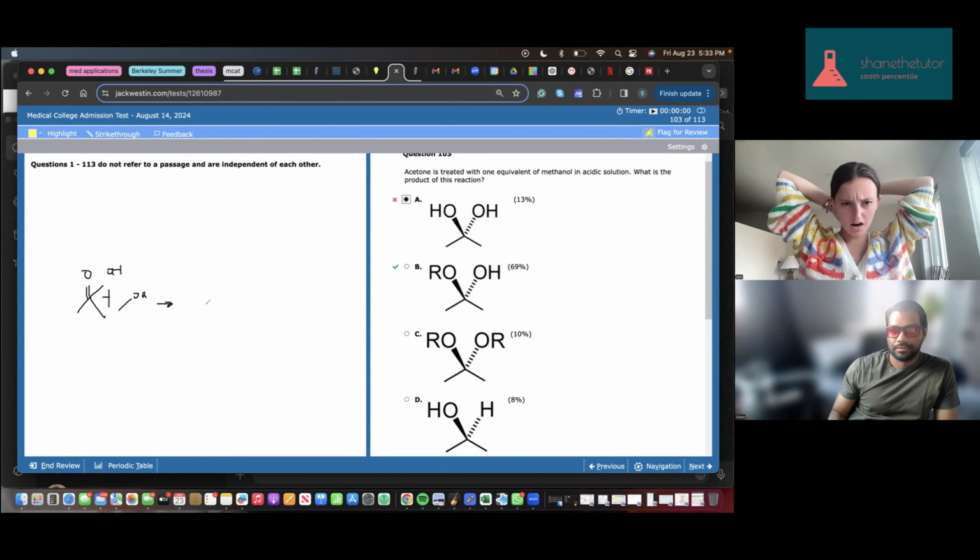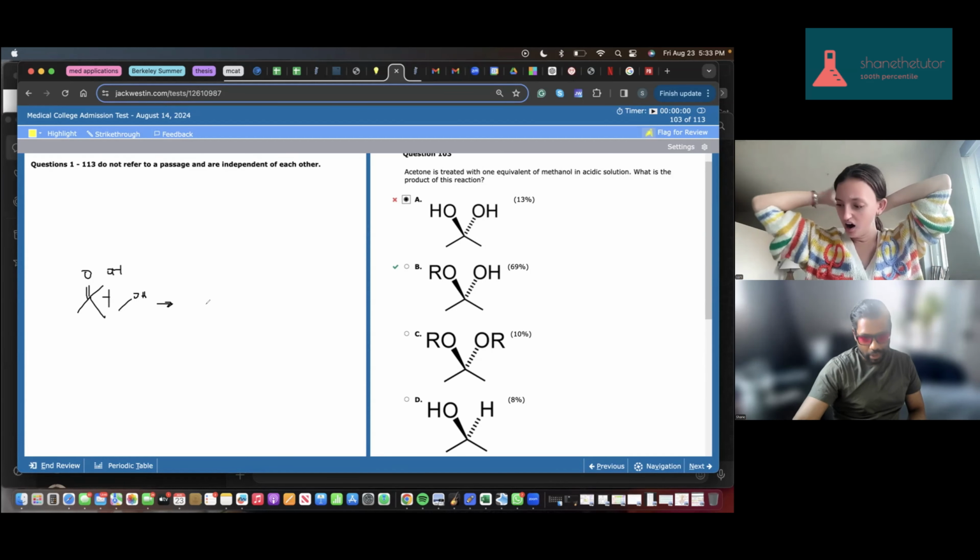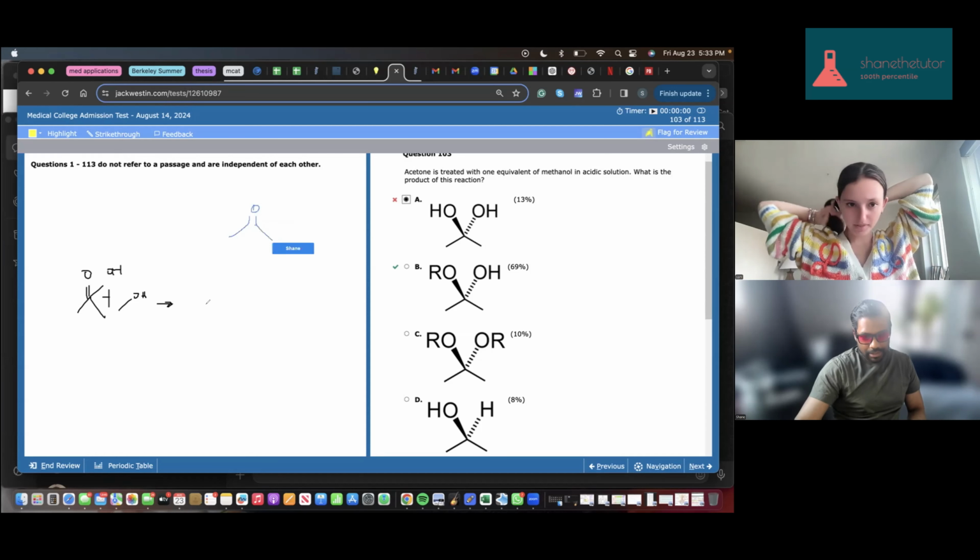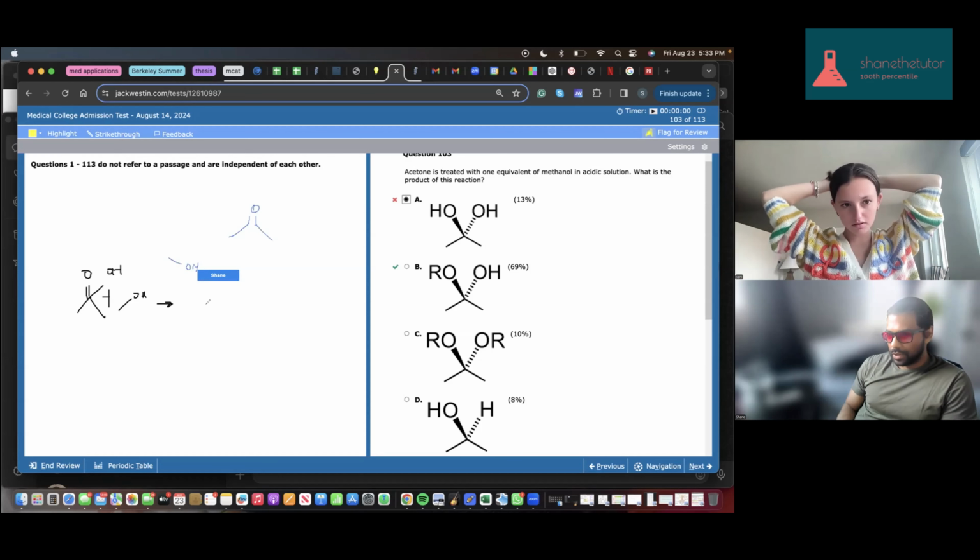A hydrogen. So when I draw something like this, and I draw something like this, what do I do?